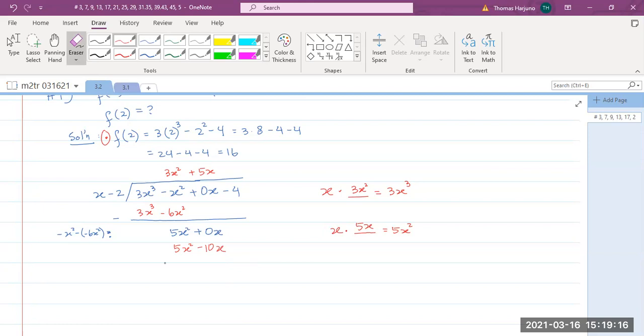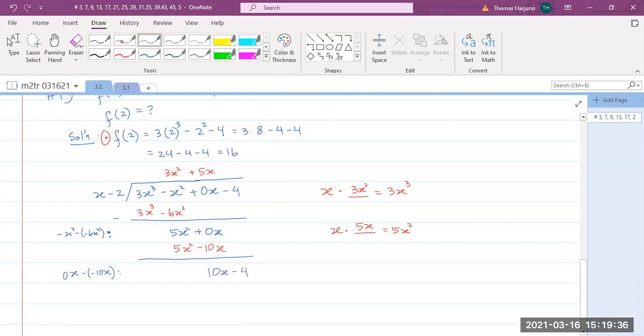Then I subtract again. We keep on doing that until we cannot go further. So 0x minus negative 10x gives us 10x minus 4.